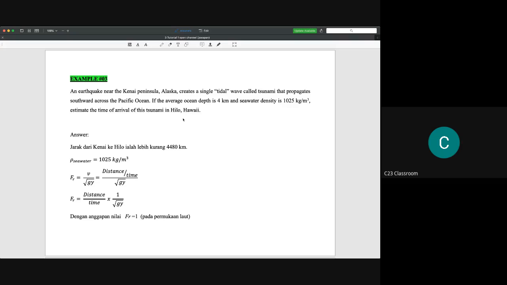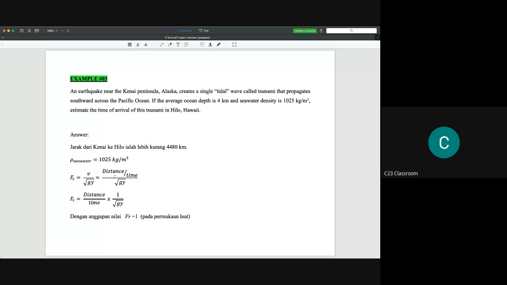As you know, the Reynolds number is normally used in fluid mechanics, but for open channel, we commonly use the Froude number. This is the equation, velocity over square root of gy, but this question asks for the time of arrival. In this equation there is no function of time, but we can replace the velocity with distance over time, because distance divided by time gives velocity.